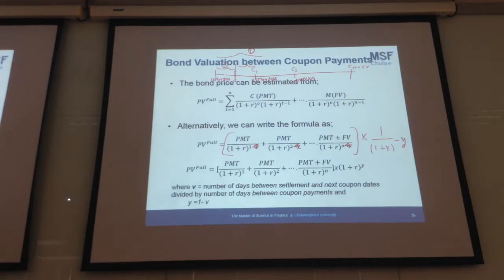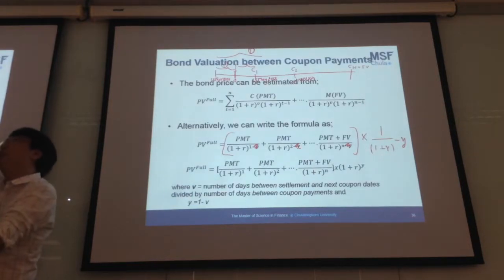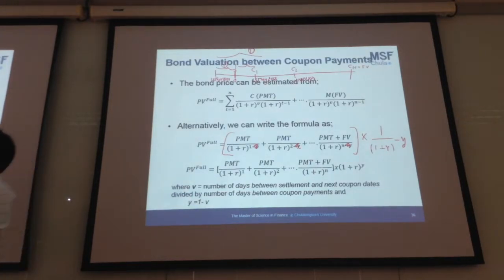So in the bracket you have 1 plus r1, 1 plus r2, 1 plus r3 until 1 plus rn. So this is something like you price the bond at 15th of November 2017. In the bracket, it's just like you are at this point, 15 November.